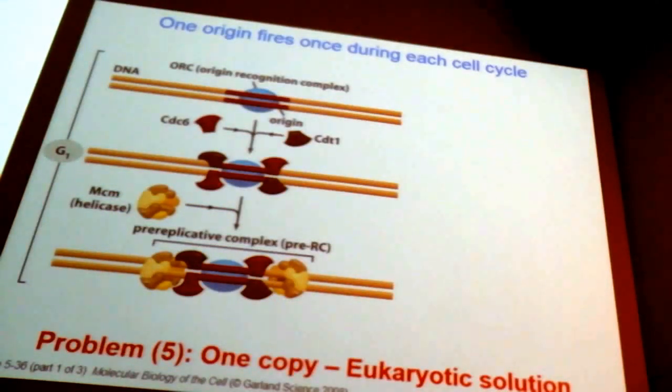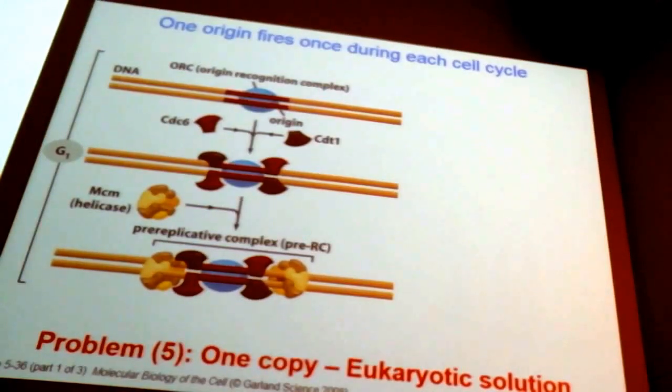Okay? So how does one ensure this? I'll walk you through step by step, but don't look at the slide for a moment. Let's just think about exactly how this is happening. The basic idea is this. You have origins of replication. You fire the origin, and then you make sure that until the cell cycle is done, that same origin doesn't fire again.